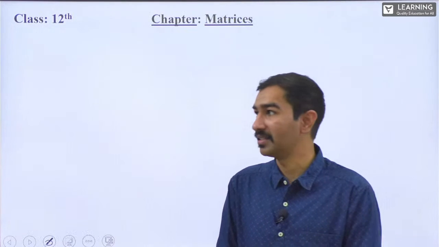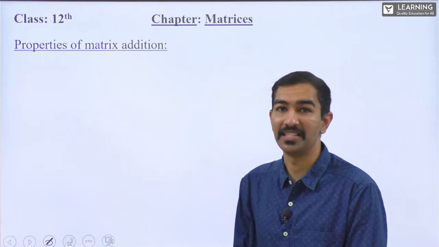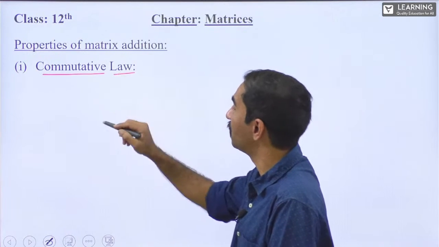The very first slide has properties of matrix addition. So what are the properties of matrix addition? The very first law which we have here is the commutative law. So what does the commutative law say?